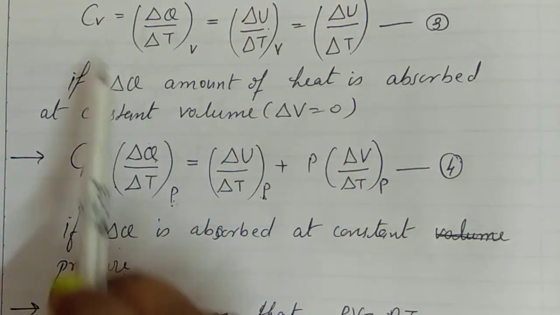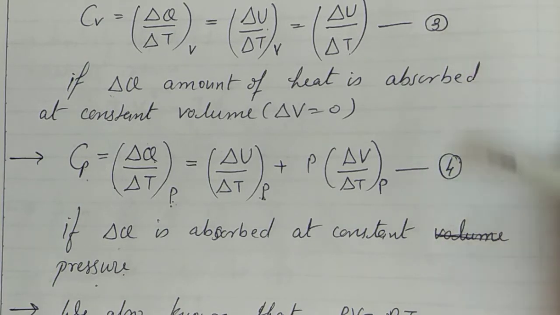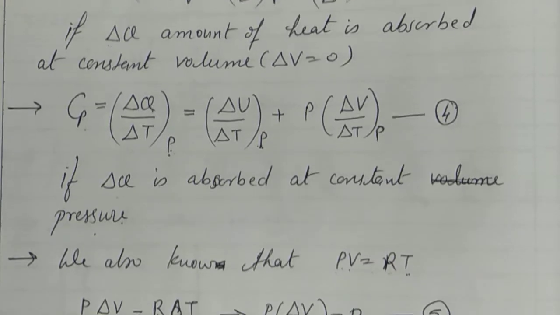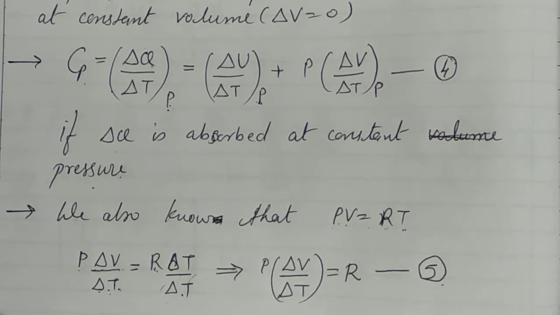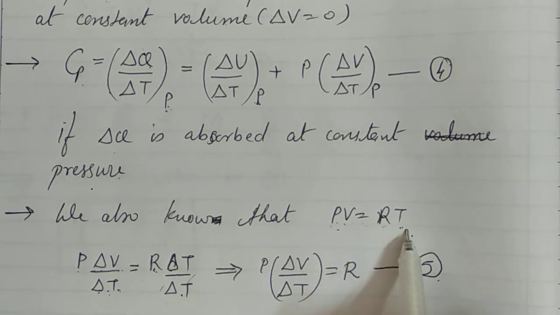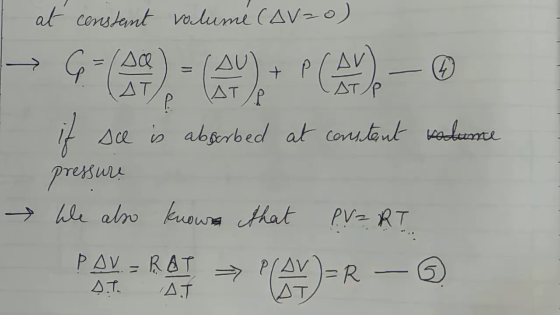Now we have obtained two values, Cv and Cp. We'll name them equation 3 and equation 4. Now to find the relation between these two, we'll use the ideal gas equation for 1 mole of gas. So PV equals mu RT, where mu equals 1. Now I'll obtain the change in this equation with respect to temperature.